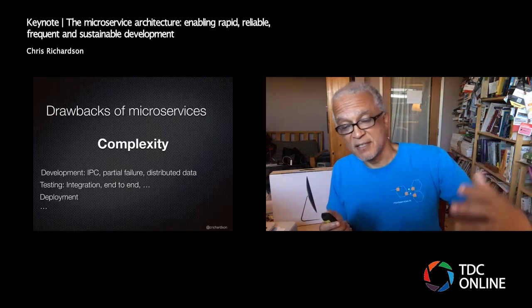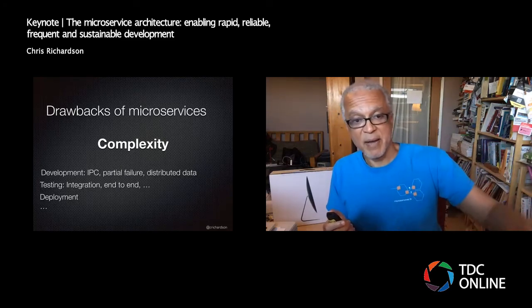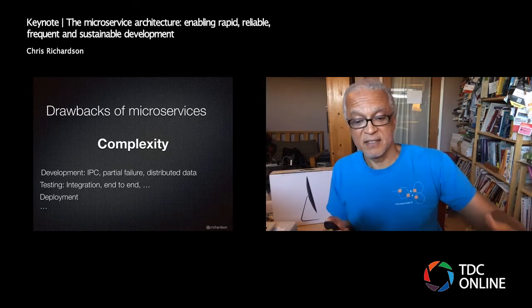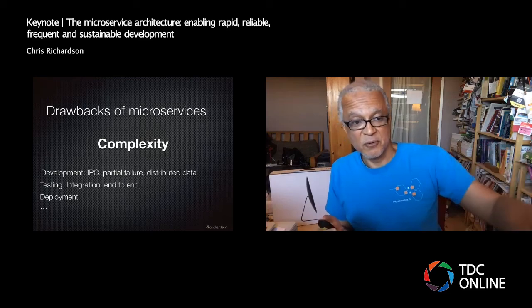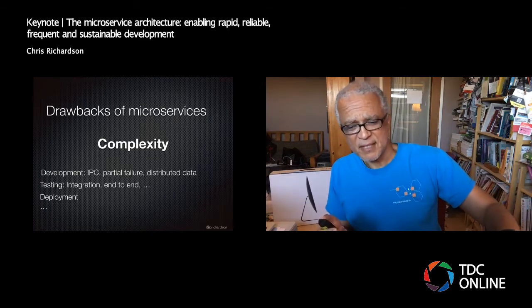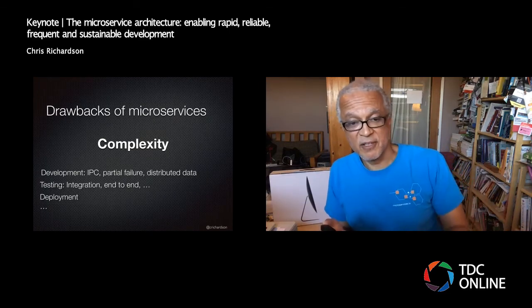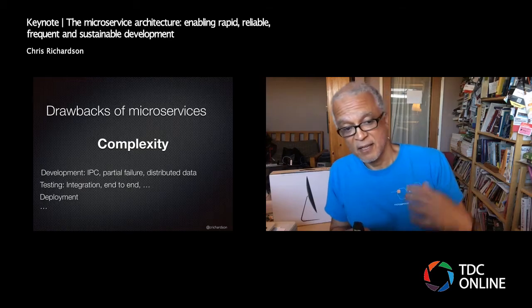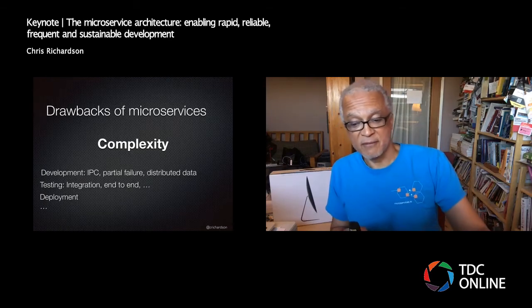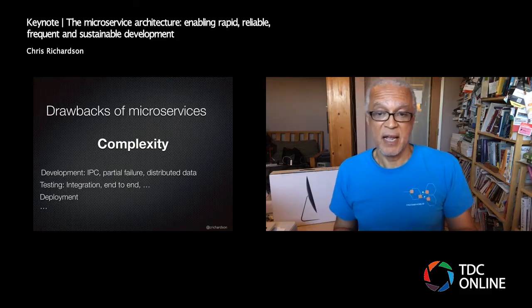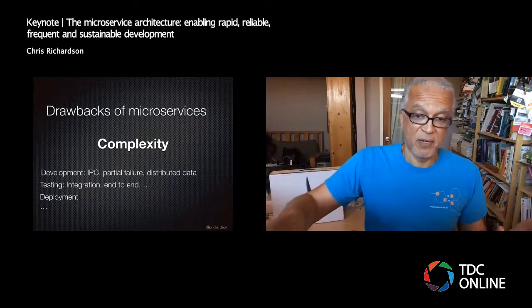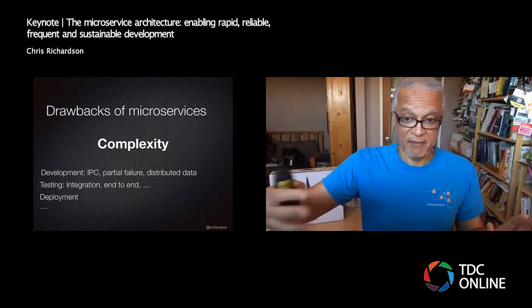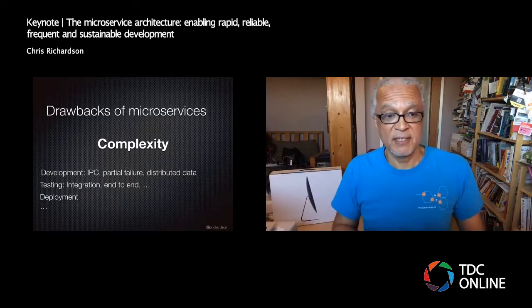The good news is that there are technologies, patterns, and techniques for solving all of these problems. There's, for instance, consumer-driven contract testing for doing integration style testing. You've got deployment platforms like Kubernetes that automate the deployment. And there are frameworks like my own Eventuate for dealing with distributed data.